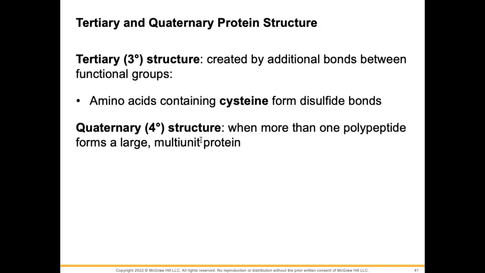The quaternary structure of a protein is super important, with very complicated tasks like enzymes and antibodies. So when we go from primary and secondary to tertiary to quaternary, it's building upon itself as far as how complex a job it's going to have in whatever organism it finds itself.